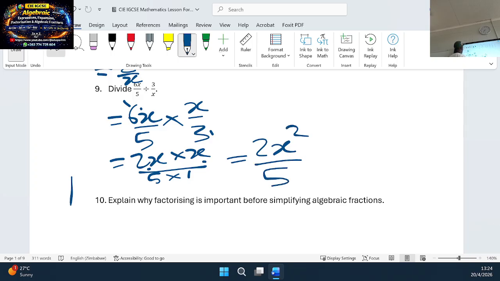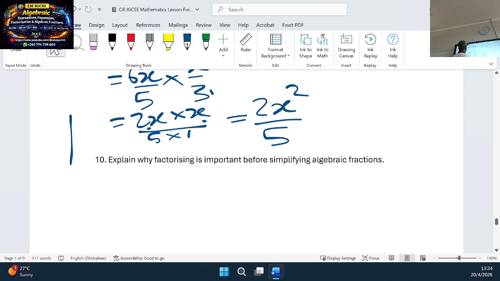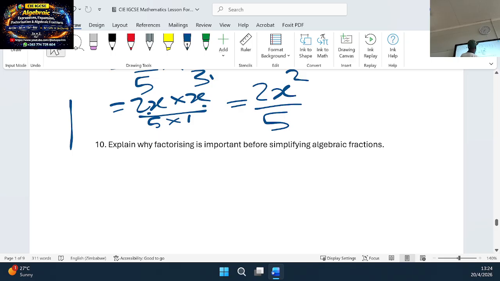Then the last problem, we are interested in an explanation as to why factorization is important before simplifying algebraic fractions.